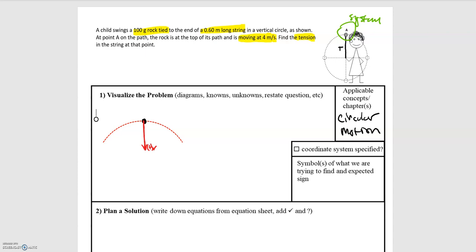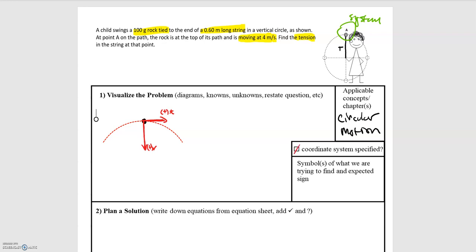And then the tangential direction, meaning the line that only touches a single point on that arc, is going to be 90 degrees from this radial direction. That's going to point to the right, and I'm going to call that the positive T direction. You can choose the other way to be positive T. It really doesn't matter. It just tells you which way your motion's going, whether it's clockwise or counterclockwise. So we've got our coordinate system specified.